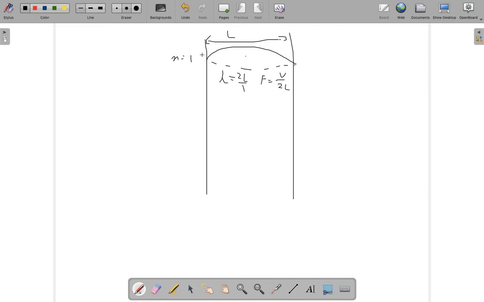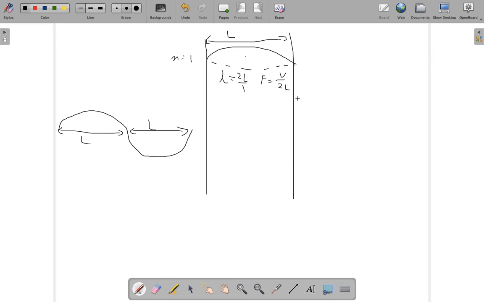Now let's look into why this is the case. Now look at this part of the wave. It's just like this. Just like that. And if I draw this further, we get an exact same shape. Now that is a whole wavelength. And this length here, L, equals this length over here, L, which means the wavelength will equal 2L.